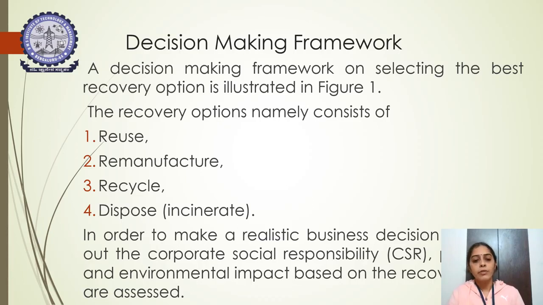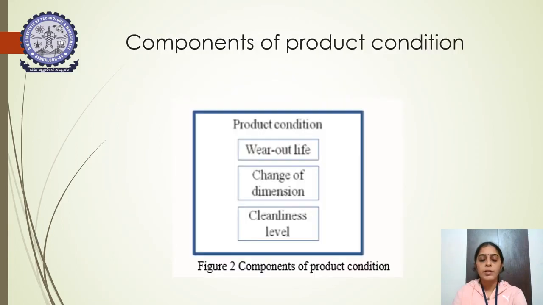So these are the different recovery options one has to take care of when the product comes to the end of its life. This is related to recyclability and end of life of a particular product, explained already. You can see this diagrammatically here. Regarding the product condition: whether the part which has been manufactured is easily wearable, or whether there is any change in the dimension of the part.